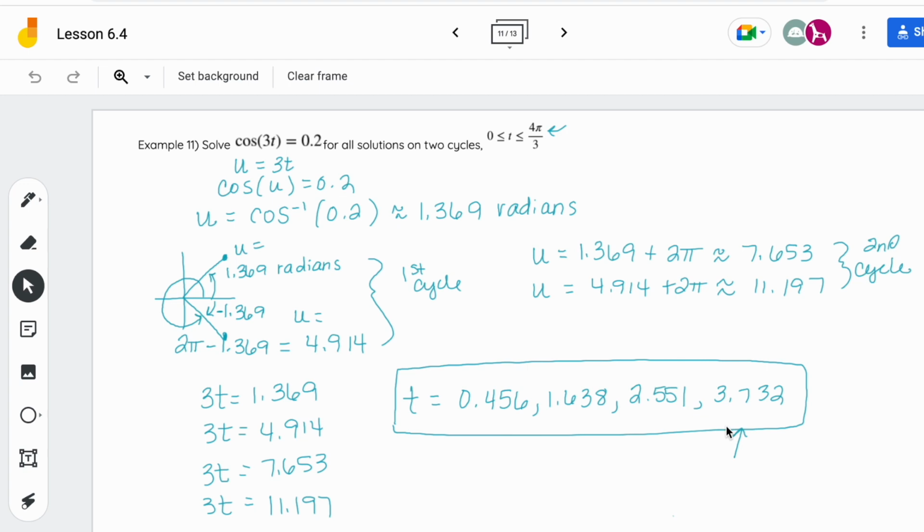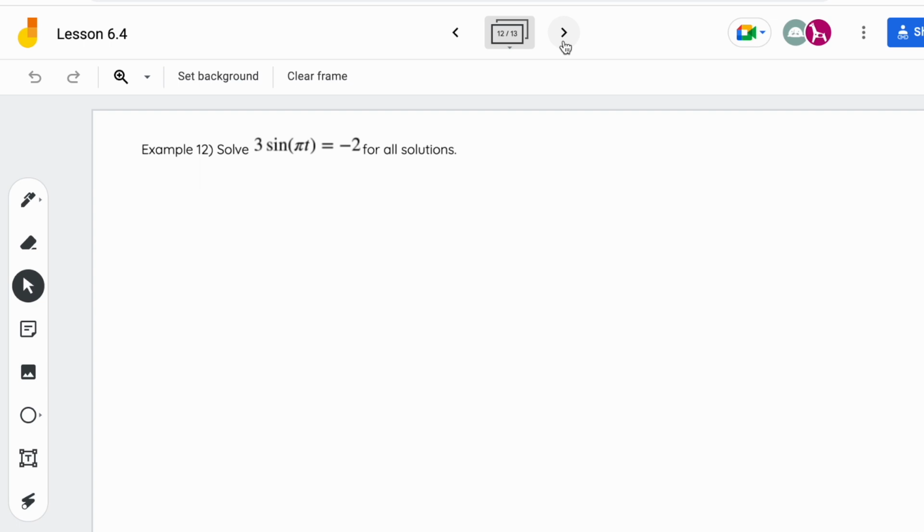Let's try another one like that, except let's utilize all solutions. So example 12. 3 times sine of pi t equals -2 for all solutions. We still want to isolate our item here, so I'll divide each side by 3.